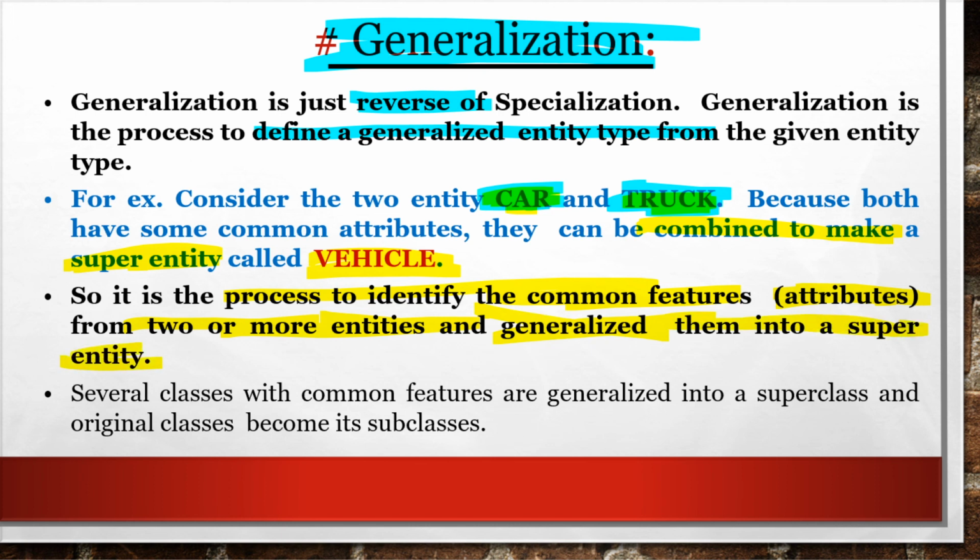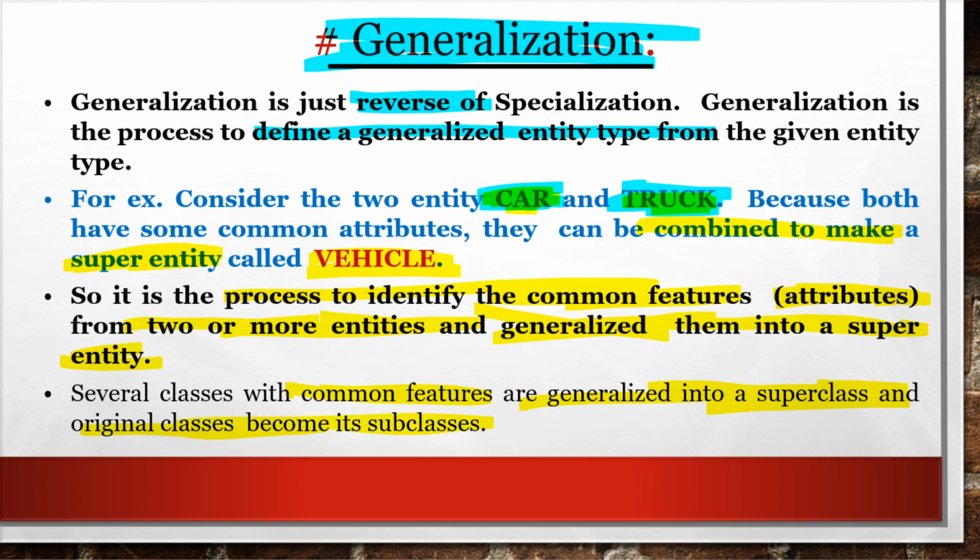Now we are finding the common attributes in the subclasses, and we are combining them into the superclass. Several classes with common features are generalized into a single superclass, and the original classes become the subclasses of that superclass.